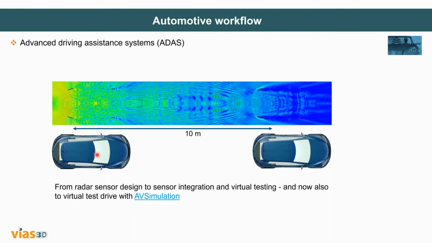So now you can do a real-time virtual test drive with radar antenna or ADAS systems built on a road environment. This is a typical road environment, and on that we are trying to analyze it.